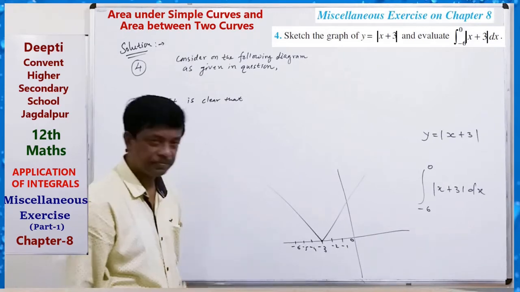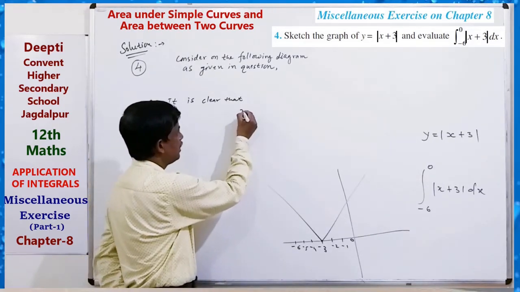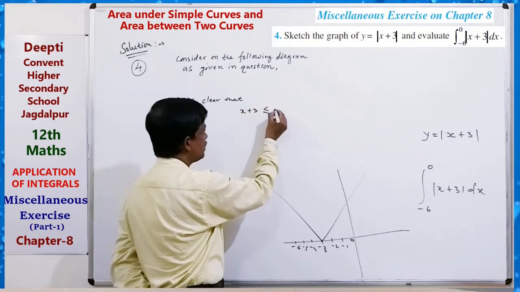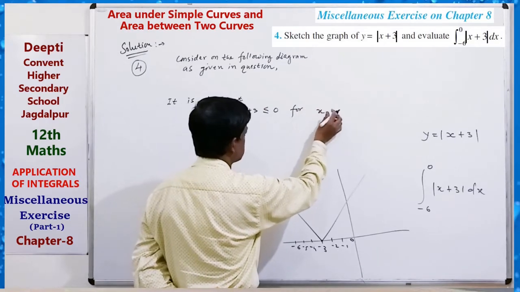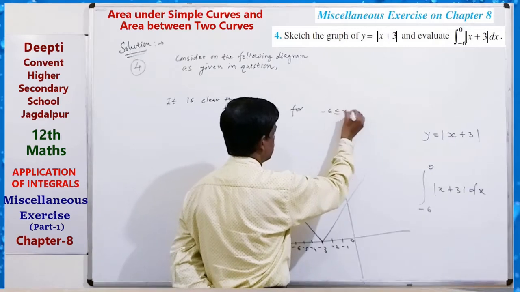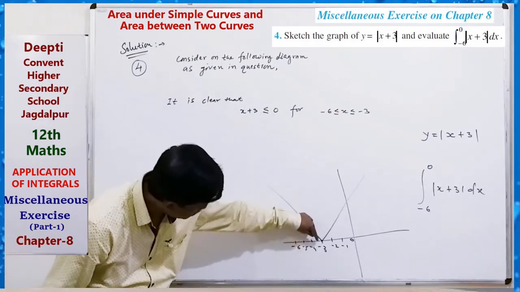In this part, x plus 3 is less than or equal to 0 for x lying between minus 6 and minus 3.